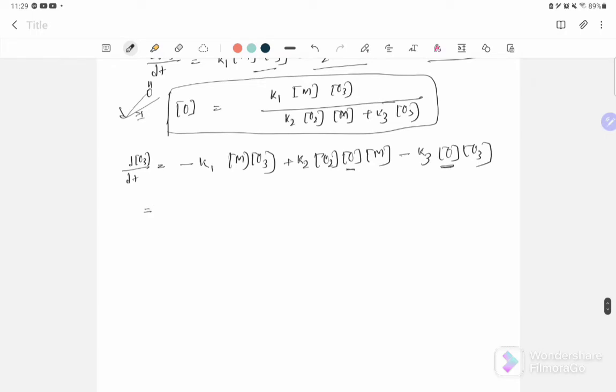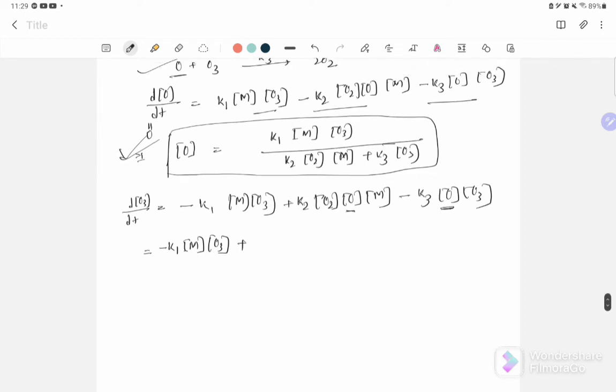So if you substitute it, K1 [M][O3] plus K2 [O2][M]. Sorry, I will write K2 [O2][M] first, then for K1 [M][O3], we'll substitute the O for that, and K2 [O2][M] plus K3 [O3].